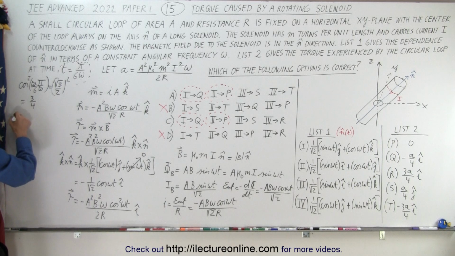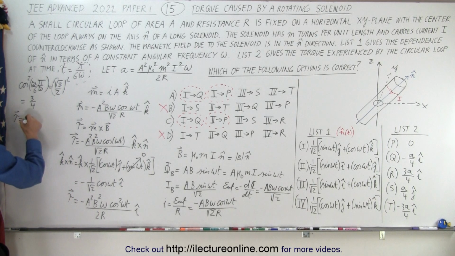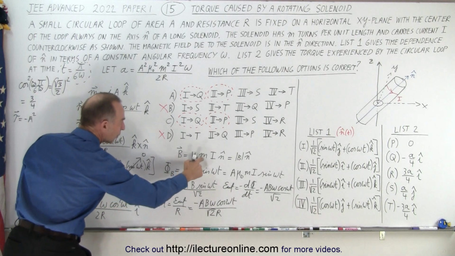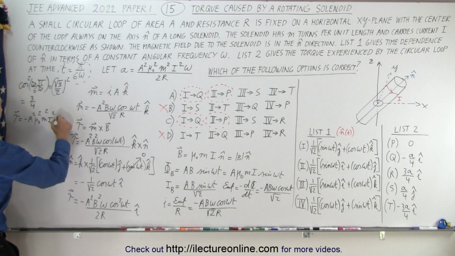And so we have the torque is equal to minus a squared b squared. Now remember that b is equal to mu naught m I. That gives us mu naught squared m squared I squared. We have the omega.